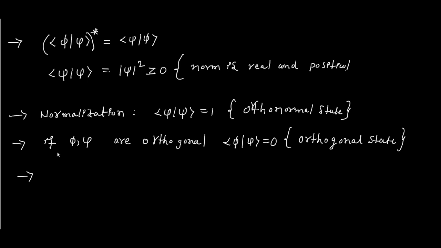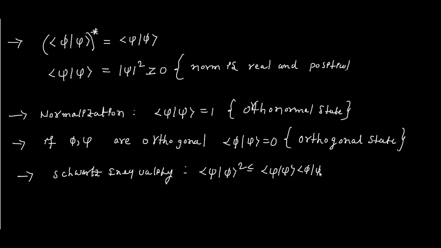And the last two properties are, one is, and the last property is the triangle inequality property.